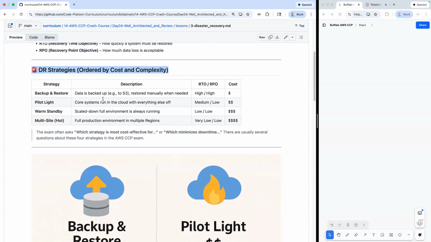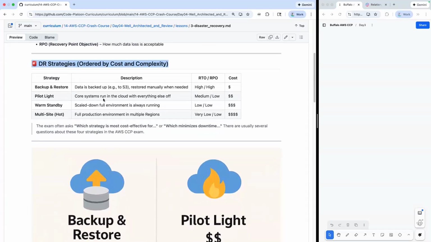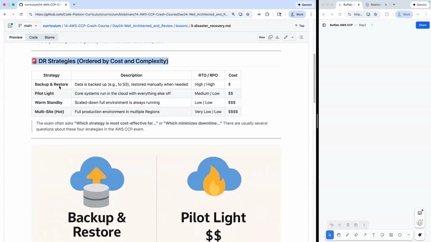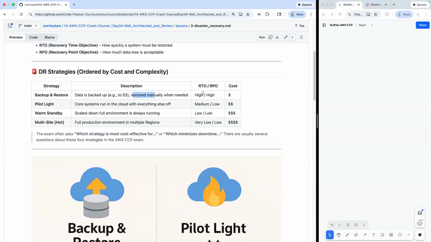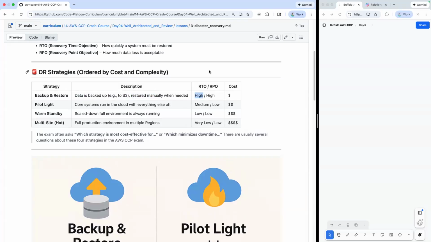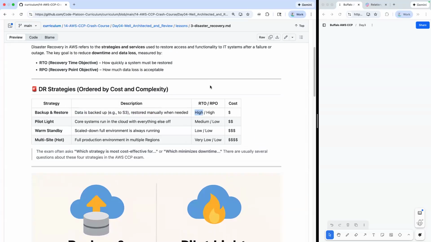So let's talk about disaster recovery strategies. First, backup and restore. We back up data, say to an S3 bucket. We restore it manually when we need it. It's got a high recovery time objective. It might take a long time to do, and we might lose a lot of data.